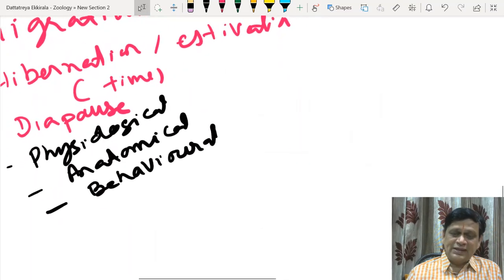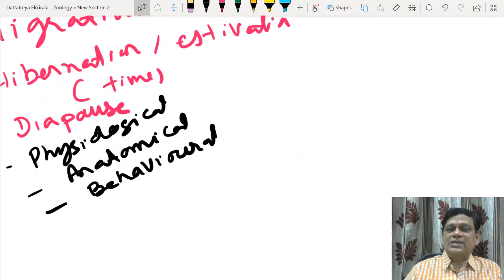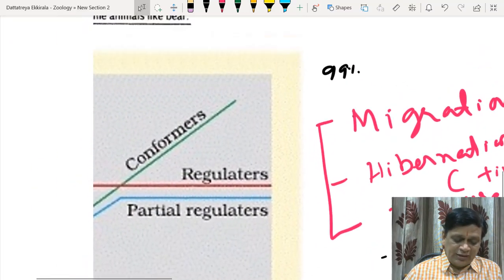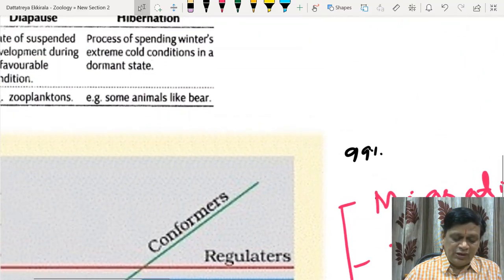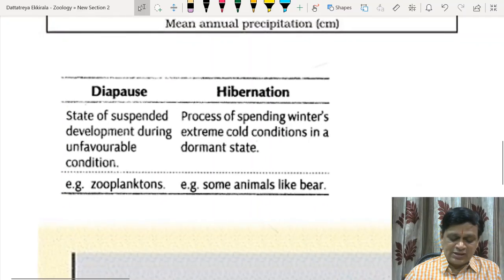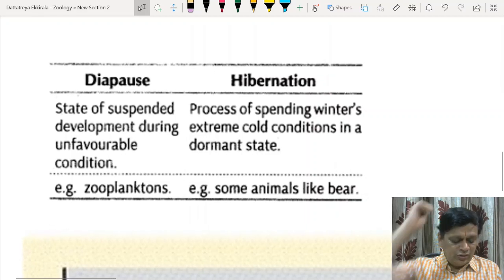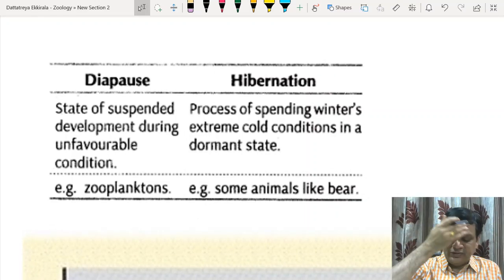For example, lizards. Lizards are best example. They are basking in the sun during daytime in winter season and hiding in the shade during summer, during daytime. Like that, there is some difference between diapause and conditions like hibernation and estivation. So suspended activity during unfavorable conditions is diapause, and process of spending winter extreme cold conditions and dormant.